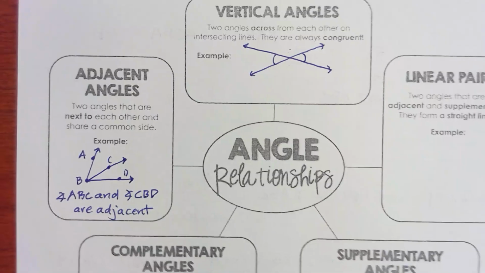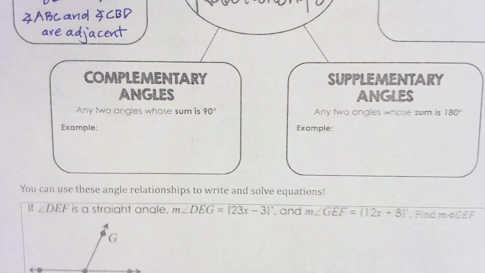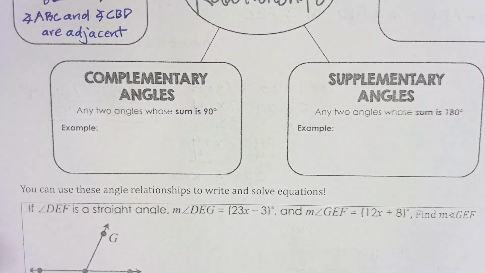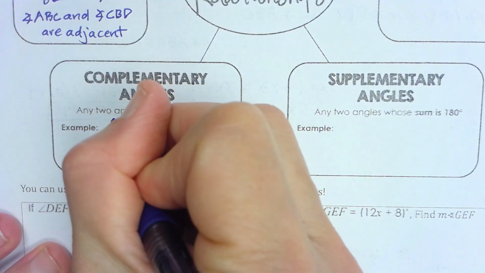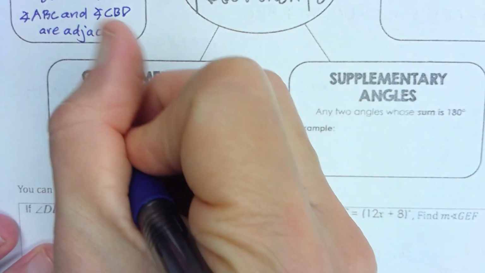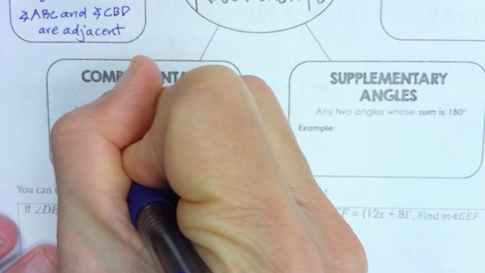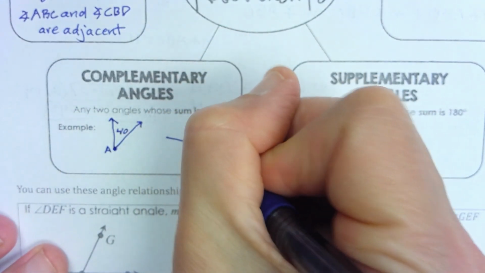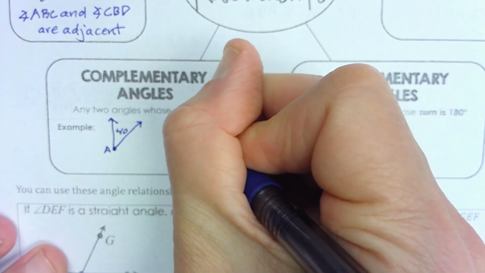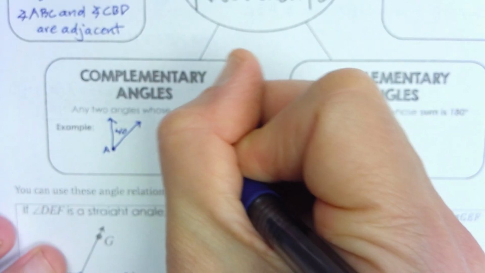A couple other words we'll see a lot. Complementary angles. Those are two angles whose sum is 90. And just for contrast, I'm going to draw these as non-adjacent angles. So, for instance, we'll call this one angle A. Remember, if there's only one angle, then I can just call it by that. And here's angle B. We'll make that one 50, right?